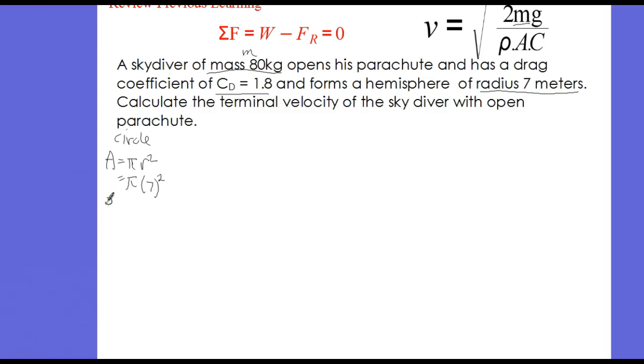Well, the other quantity we need is our acceleration due to gravity, 9.81 or 9.8 is fine, meters per second squared. And then the density of air, which is 1.25 kilograms per meter cubed. So a cubic meter box of air will weigh 1.25 kilograms.